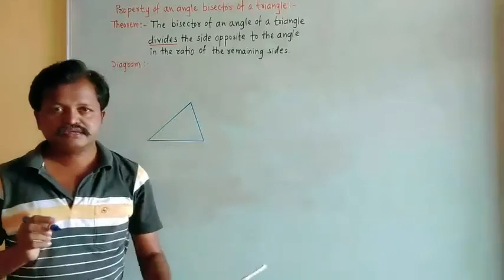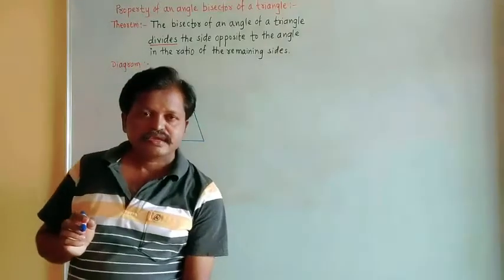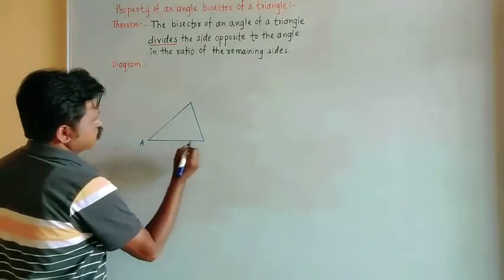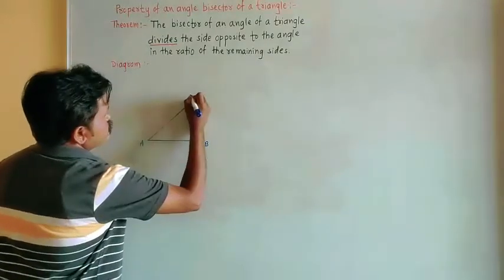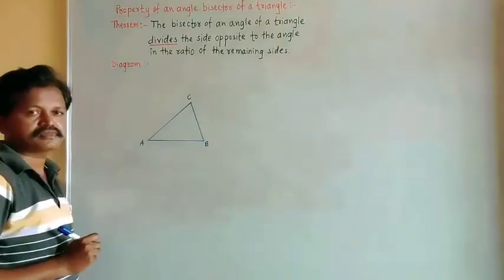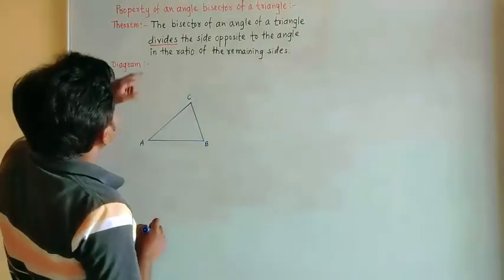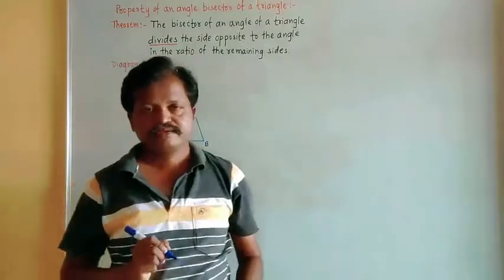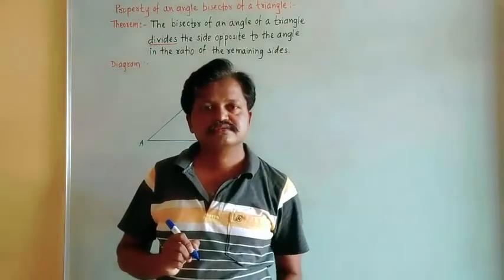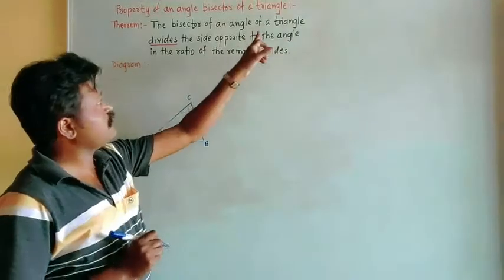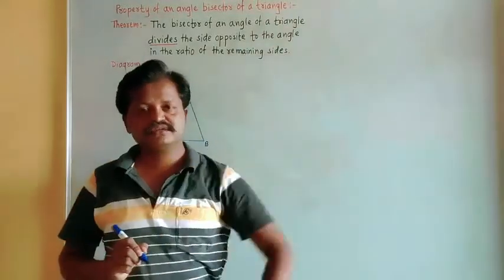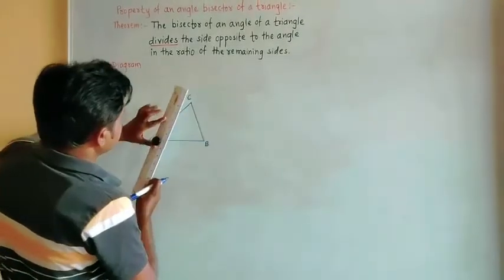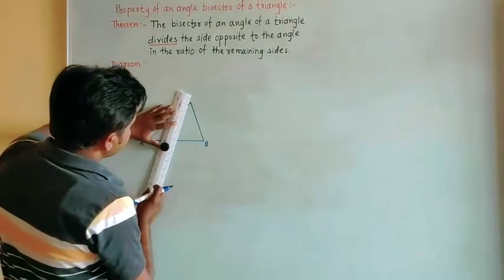So that is a triangle. I name this triangle ABC. Then the bisector of an angle of a triangle. Take any angle, say angle C. That is the angle bisector, and you draw it approximately.